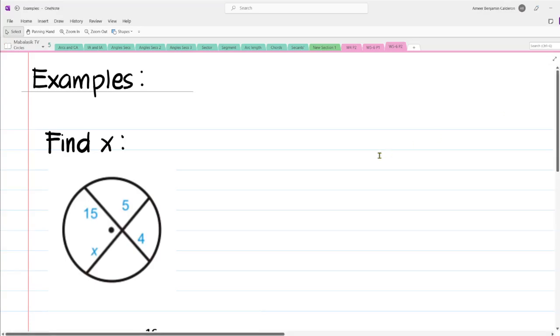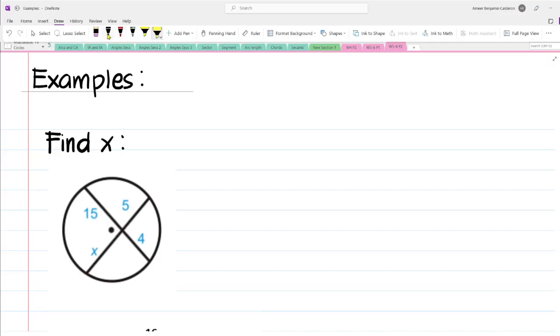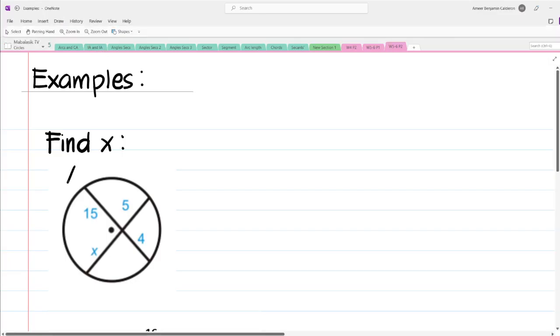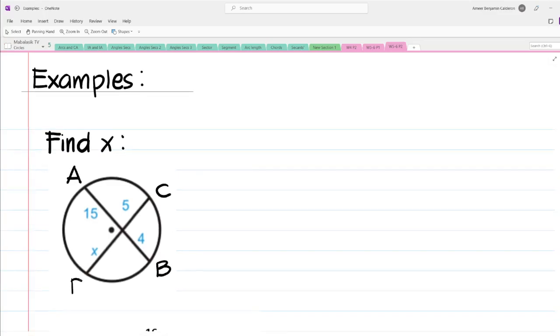Let's go back to our figure and name our chords. Say for instance, this is chord AB and this is chord CD with our point of intersection E. The two chords AB and CD intersected at point E, which divides each of the chords into segments.